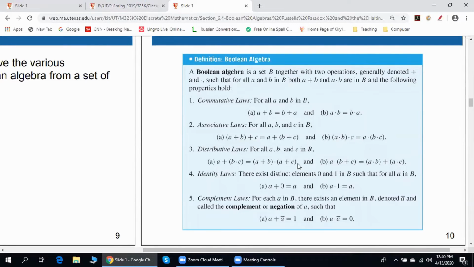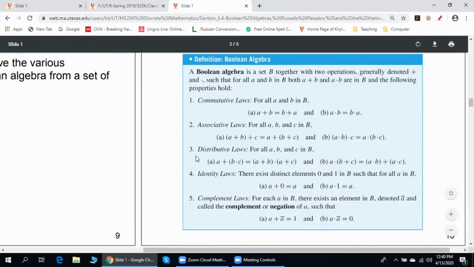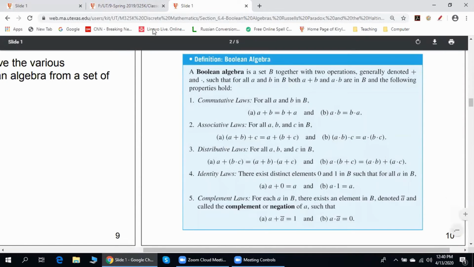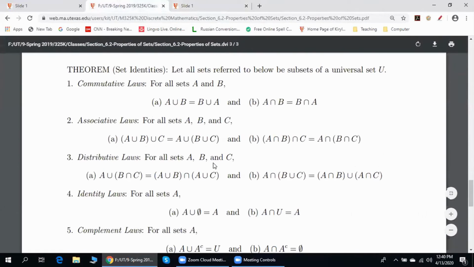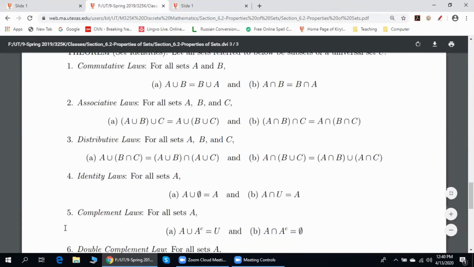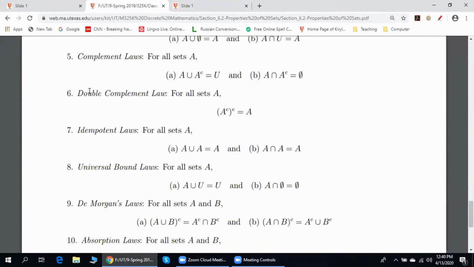Now, you may ask me a question. Wait a second. Here we have just 5 rules, and these 5 rules correspond to these 5 rules. How about double complement law, universal bound law, De Morgan's law?